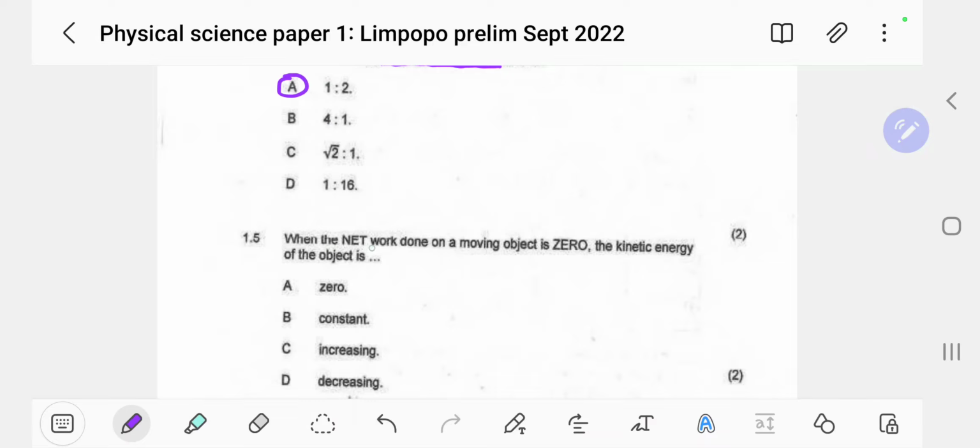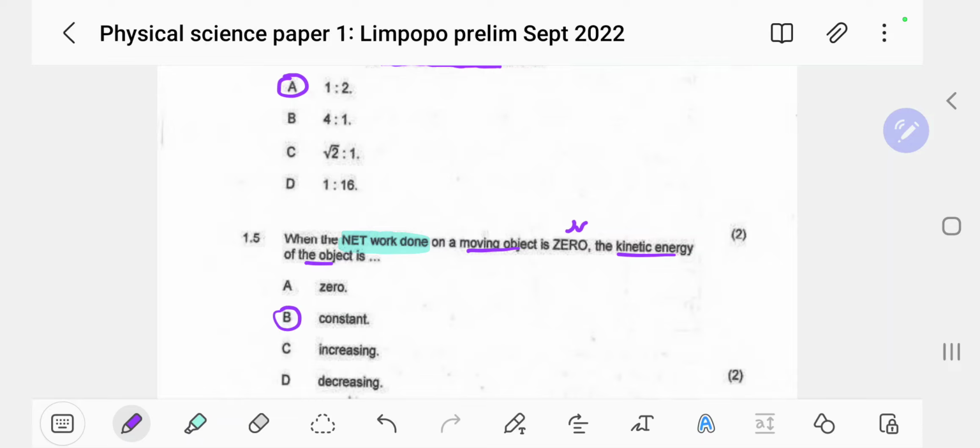1.5 says when the net work done on a moving object, so the object is moving, it's not stationary, is 0, its kinetic energy is what? Constant.